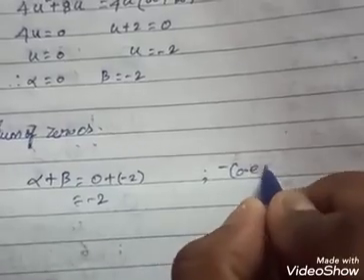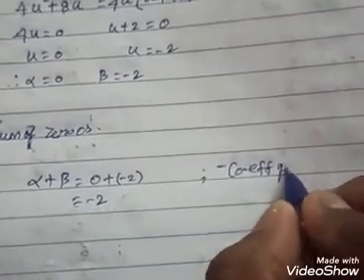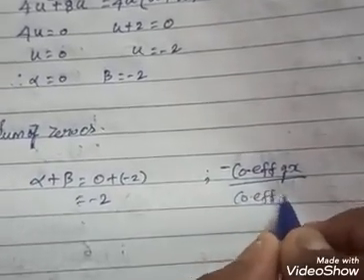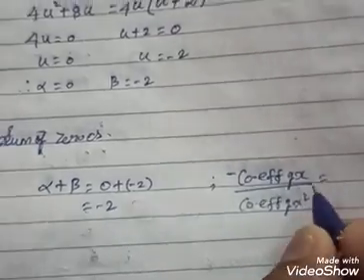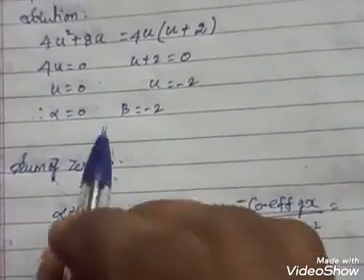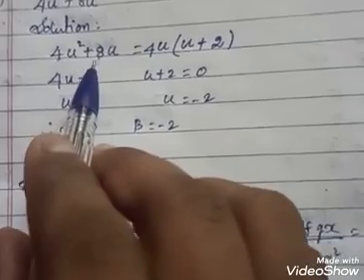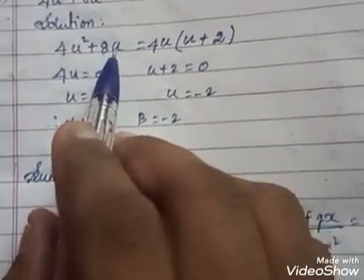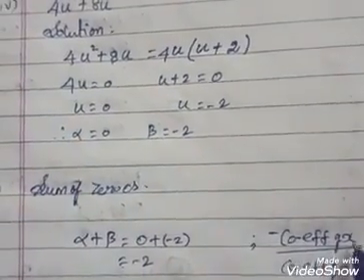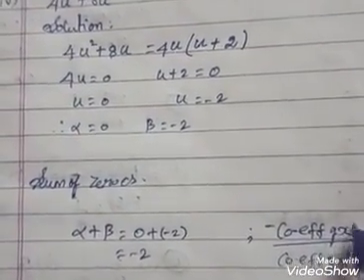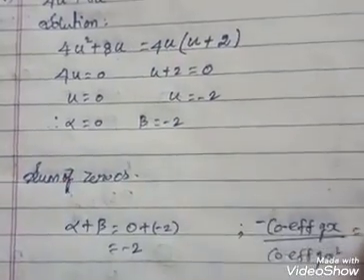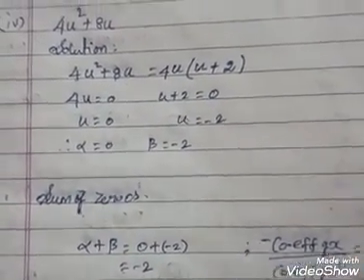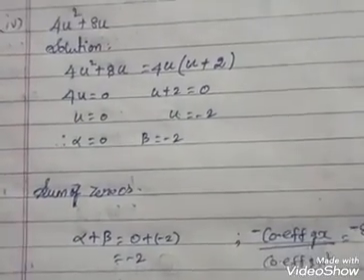So here, minus coefficient of x divided by coefficient of x square. The coefficient of x is here, instead of x, u is there, so we take the power as 1. So x means u here. We take 8, and the minus is in the formula.